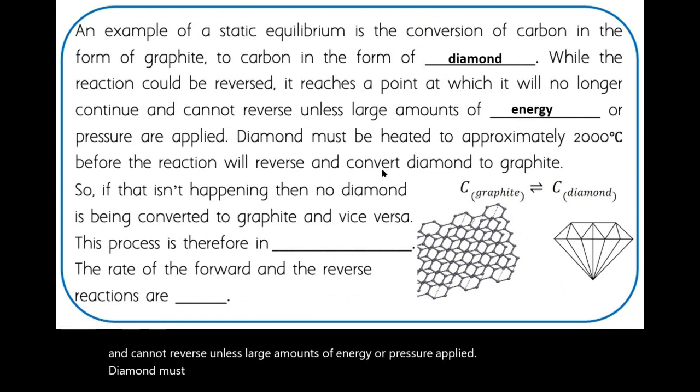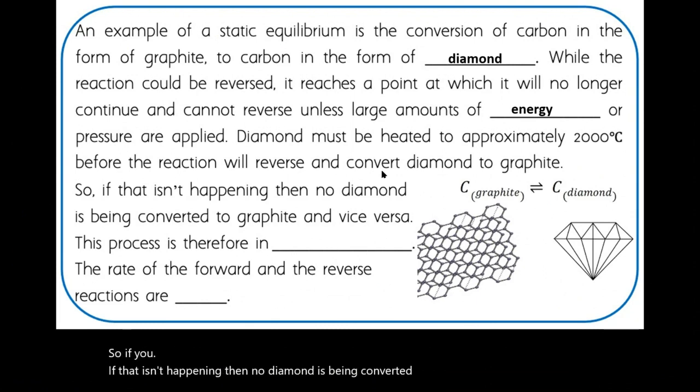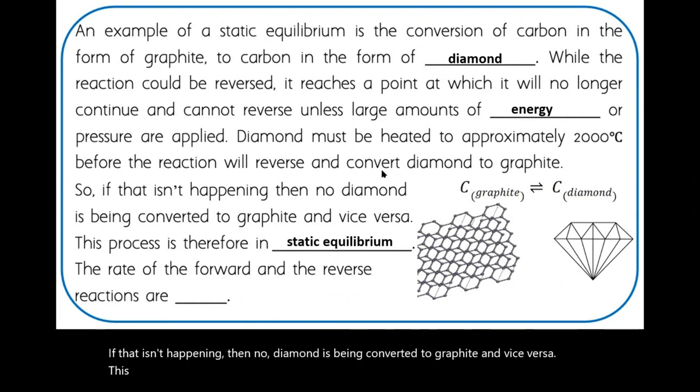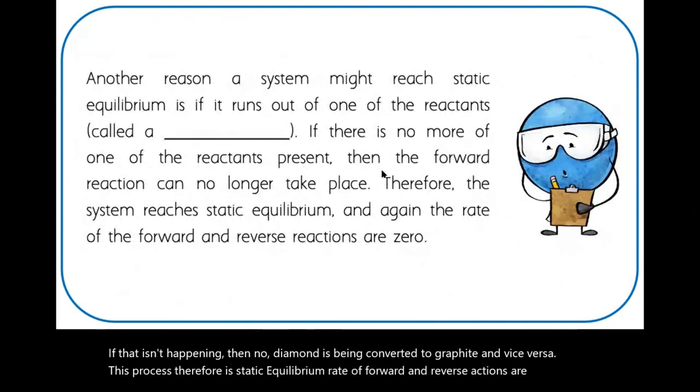Diamond must be heated to approximately 2000 degrees Celsius before the reaction will reverse and convert the diamond to graphite. So if that isn't happening, then no diamond is being converted to graphite, and vice versa. This process, therefore, is static equilibrium. The rate of the forward and the reverse reactions are 0.